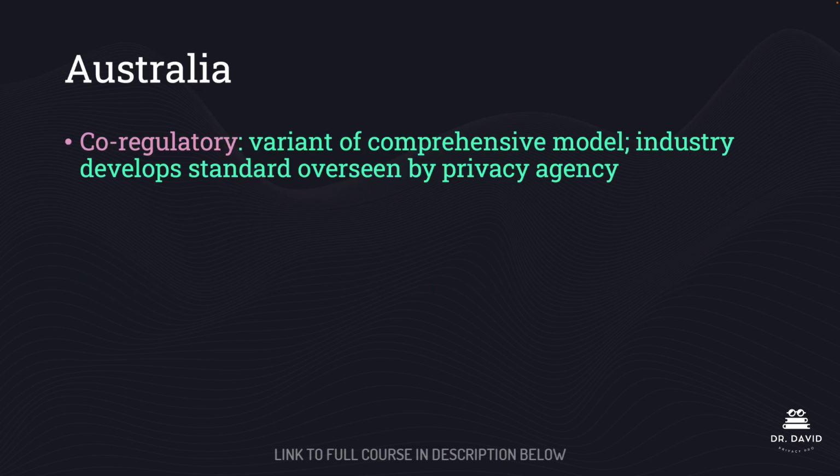The co-regulatory approach is similar to the comprehensive model. The difference is that industry develops a standard that is then overseen by a privacy agency, and that privacy agency may be a government agency. And an example of an area that follows a co-regulatory model is Australia.